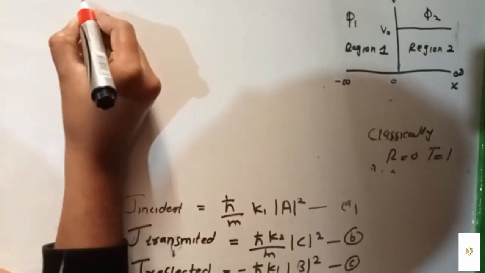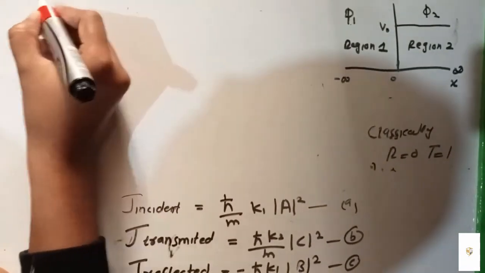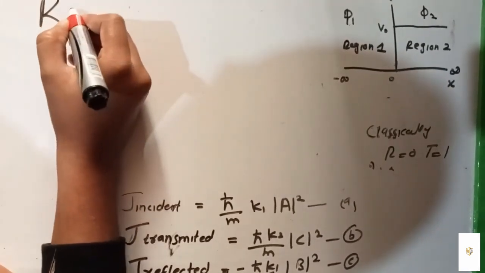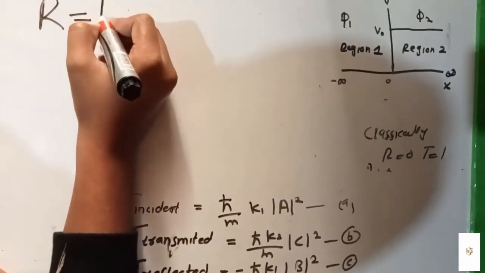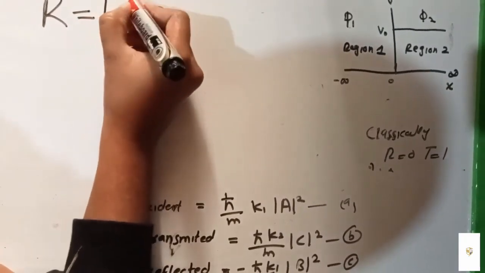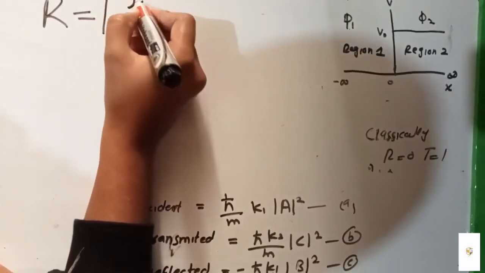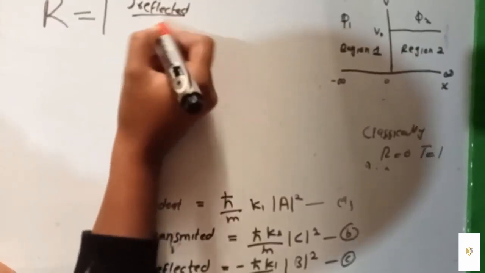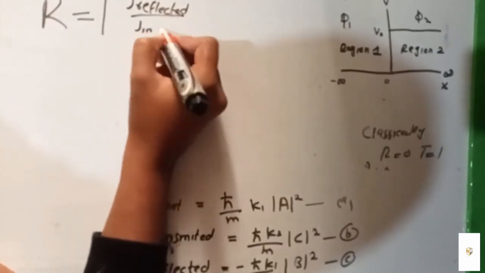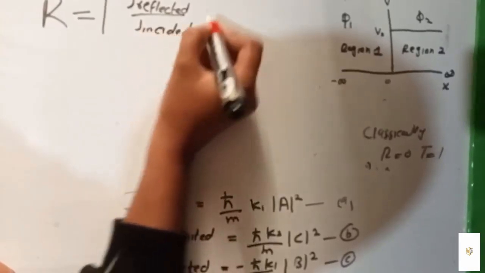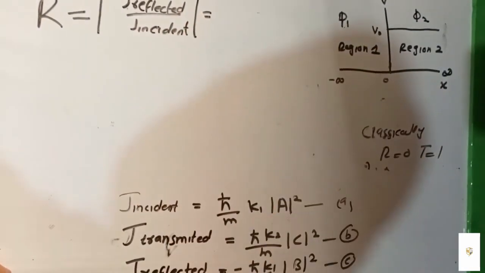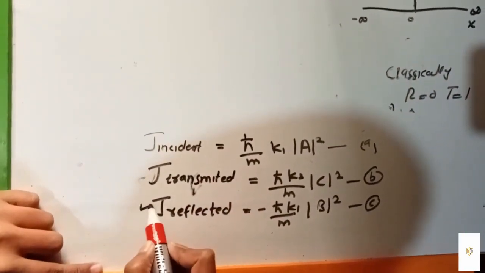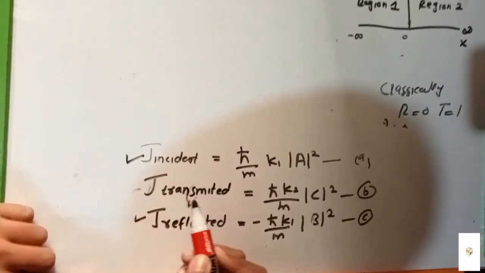Now reflection and transmission coefficient is equal to J reflected over J incident modulus, which is equal to, J reflection is equal to this one and J incident is equal to this one.